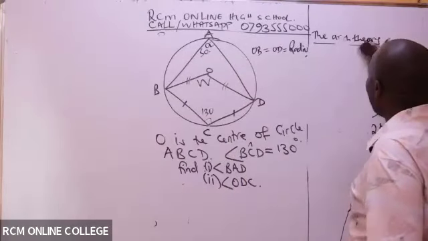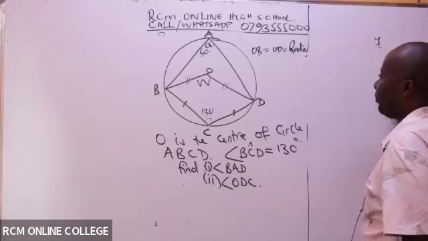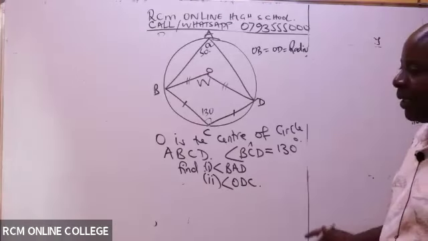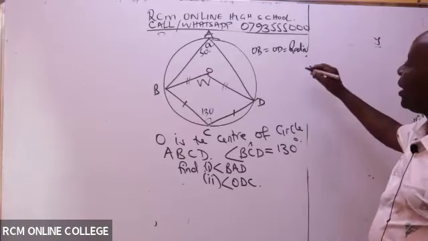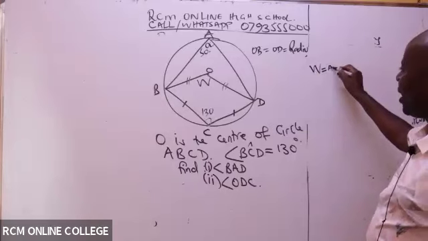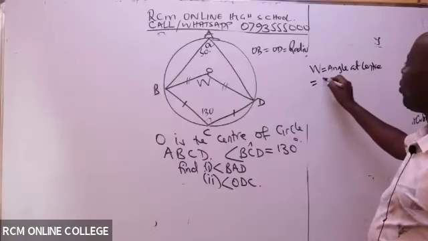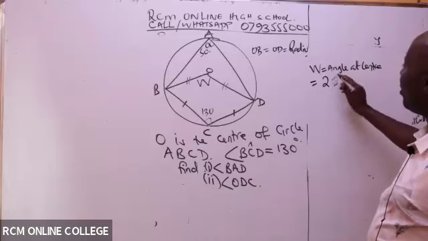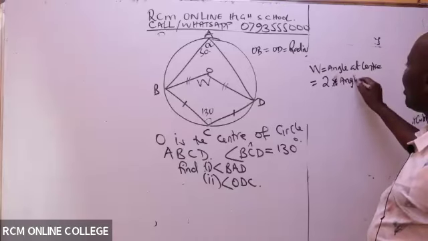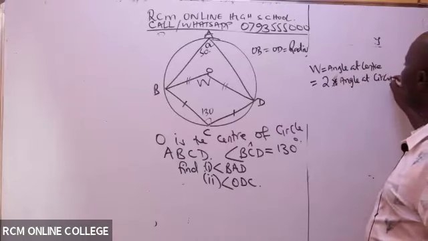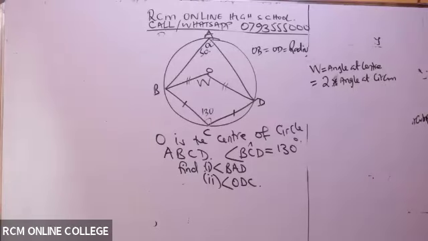So we are saying there that W, which is the angle at the center, will be equal to double the angle at the circumference.